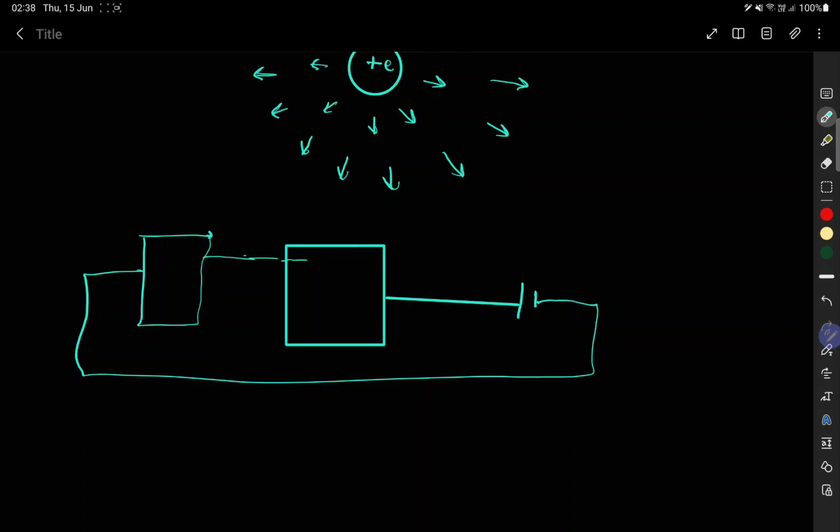So you should have this kind of an electric field forming, which is uniform, kind of going in straight lines. So obviously current is also going to be flowing in this direction, which implies that electrons should be flowing from this end to the positive end.